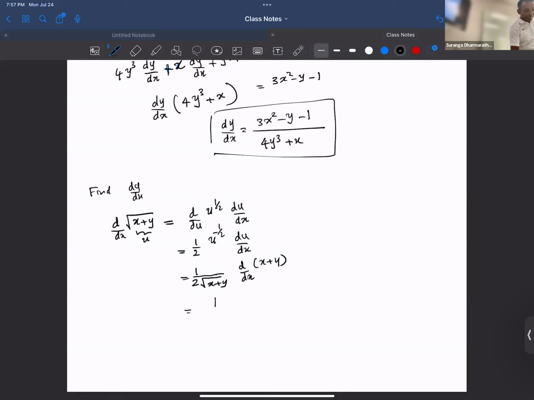Here it's half, x plus y. This is d over dx x plus d over dx y. So you get 1 over 2 times square root of x plus y.